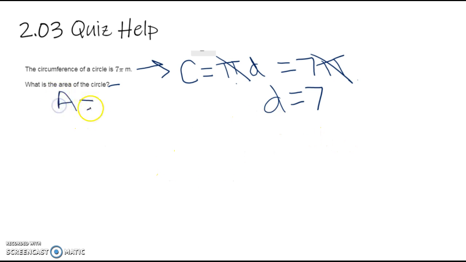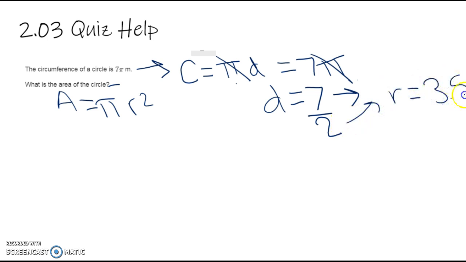Area is equal to pi r squared. We need to know the radius for the area formula. So we just divide the diameter by 2. Remember, we just talked about the diameter is twice the radius. So we can divide it by 2 to get the radius. Radius is equal to 3.5. Now, just plug it in.